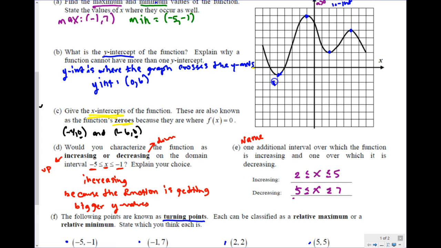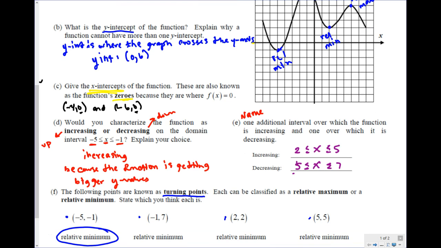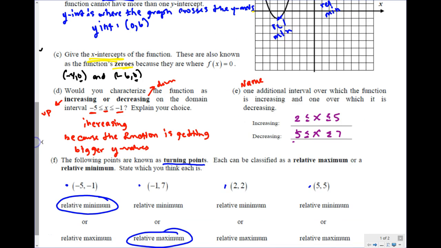So this is a relative minimum, and this is a relative maximum, and here is another relative minimum, and here's a relative maximum. So think of it like hills and valleys. Minimums are valleys, maximums are hills, is one way to think about it. So 2, 2, this is a relative minimum, and this is a relative maximum.